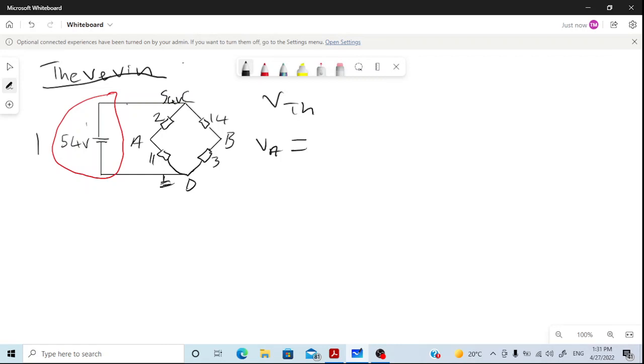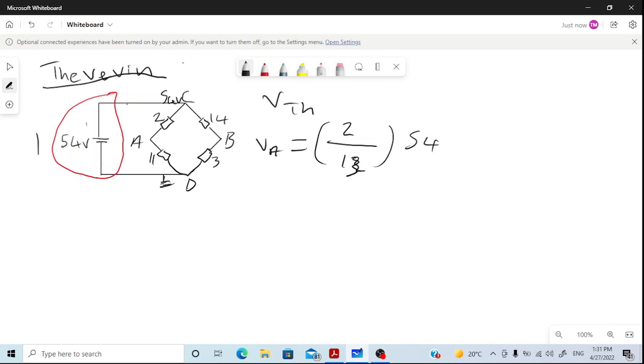So VA will be 2 divided by 13, since it's 2 plus 11, multiplied by 54.